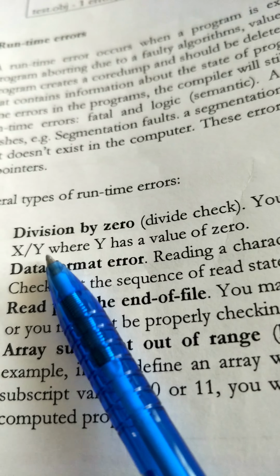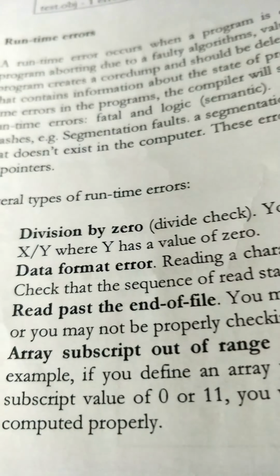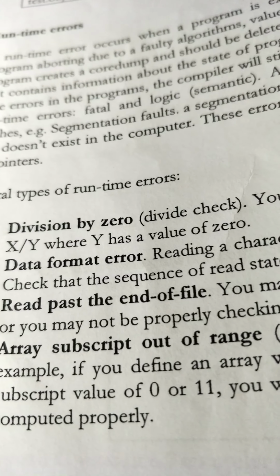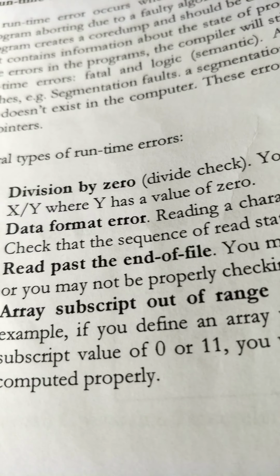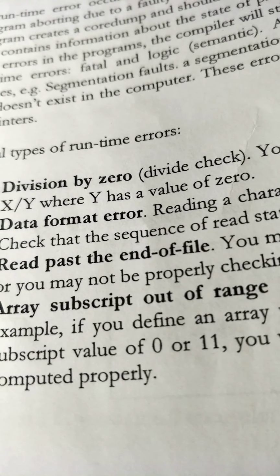And in this case, we don't even realize that y is equal to 0. It's difficult to find, and suddenly your program just aborts, and you need to find the error.